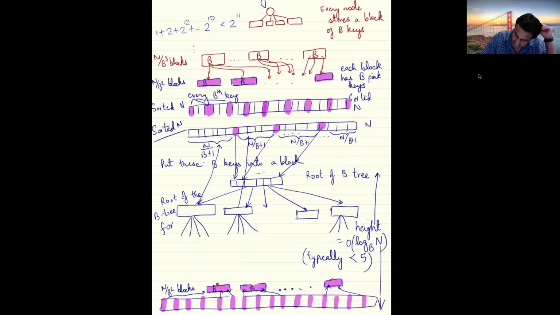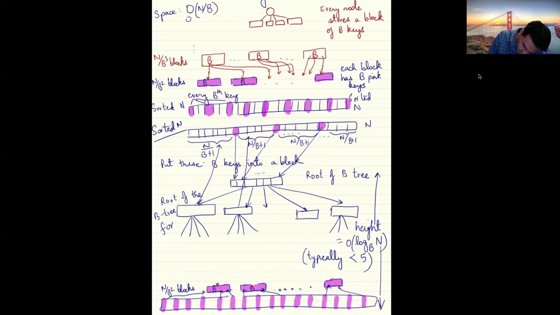So it's always less than the next term, and I have 1 plus b squared and so on. The point is the entire space is basically dominated by the last level, but the last level has n over b blocks. So the total space taken by this is like 2 times n over b. So the space taken by a B tree is order n over b. Okay, because the last level dominates it.